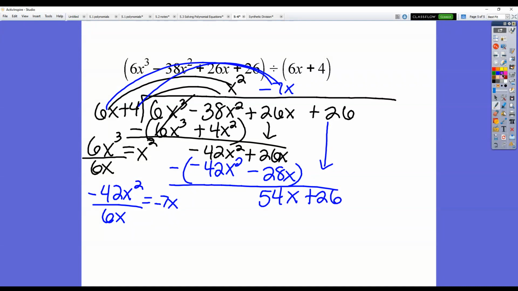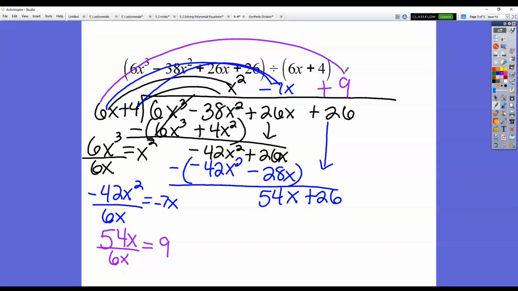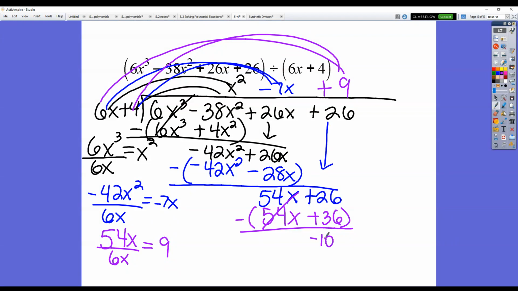Then we take 54x divided by 6x, and that gives us 9. So we put 9 up here, and then we multiply it out. 6 times 9 is 54. 4 times 9 is 36, and then we subtract. That cancels, and then we're left with negative 10. So then negative 10 over 6x plus 4. So my final answer is this: x squared minus 7x plus 9 minus 10 over 6x plus 4.